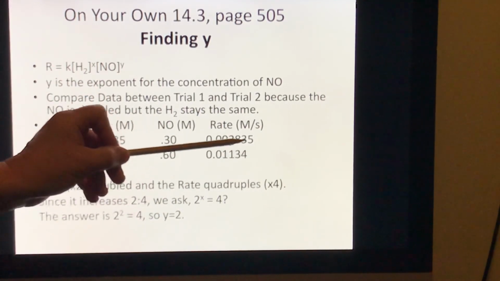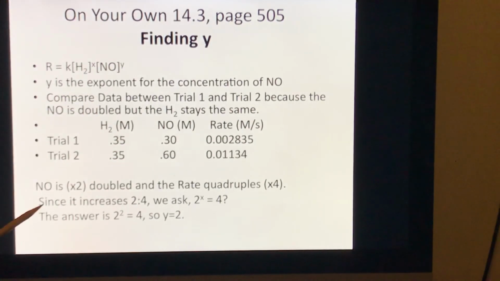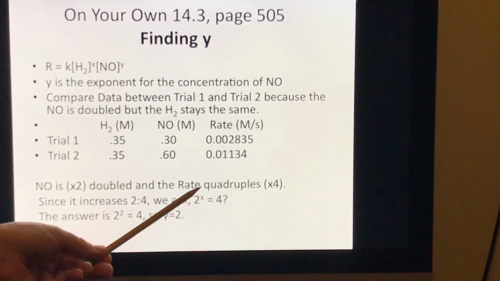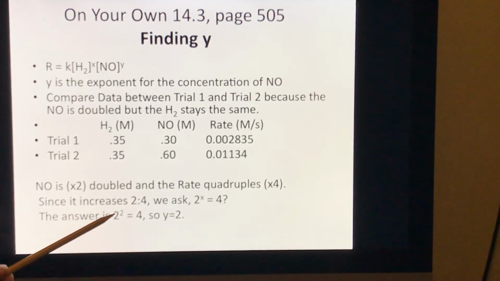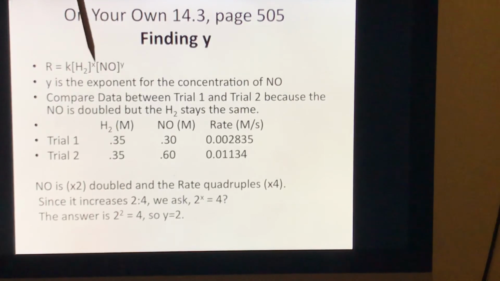It's 4 times as much in trial 2 as trial 1. So since it increases 2 to 4, we ask, to what power do we raise 2 to get to 4? Since 2 squared is 4, our Y is equal to 2. And that's up here. This NO would be up to the second power.